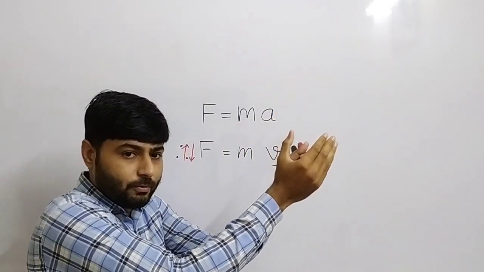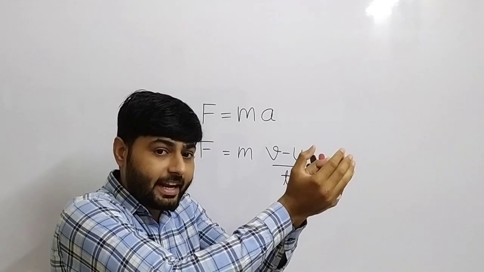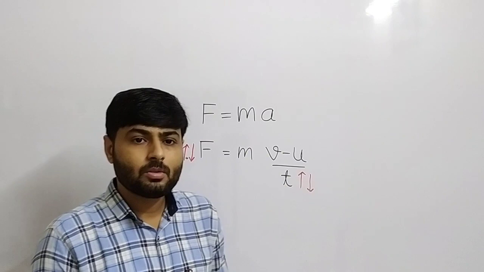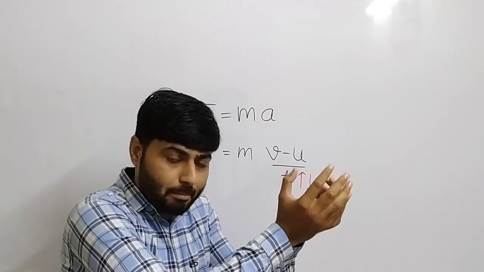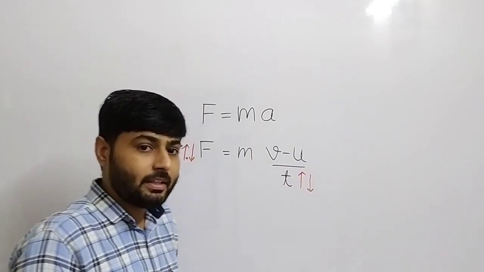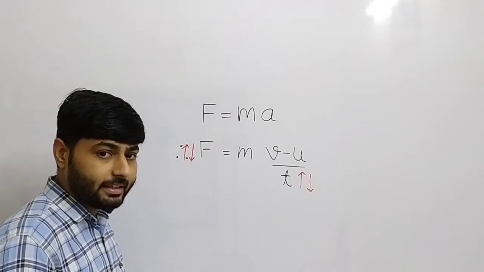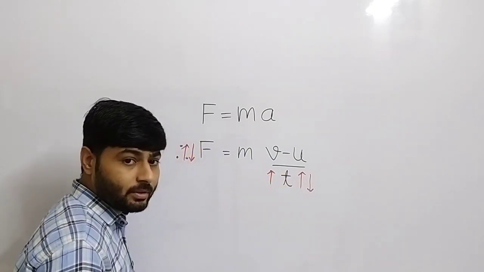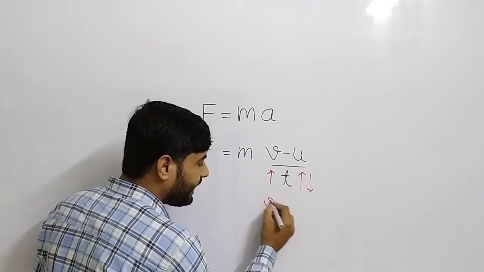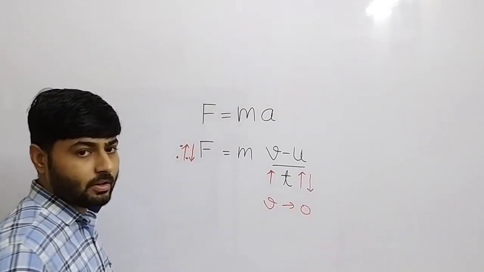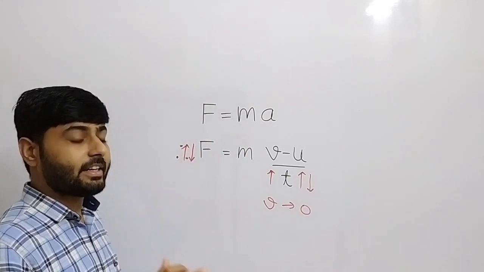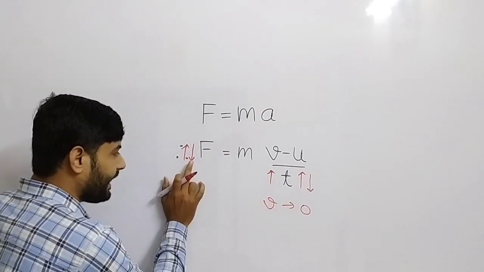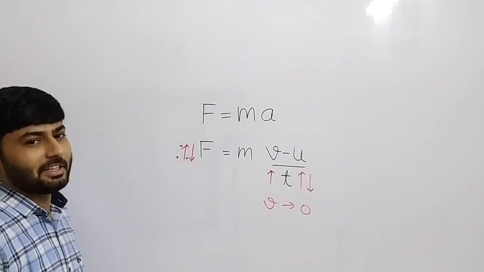If he takes his hand back in the direction of the ball, it will not hurt his palm. So what is he doing by taking his hand back? He is trying to increase the time to change velocity to 0. So with increase in time, impact of force will decrease.